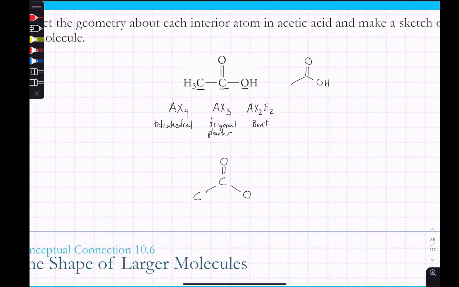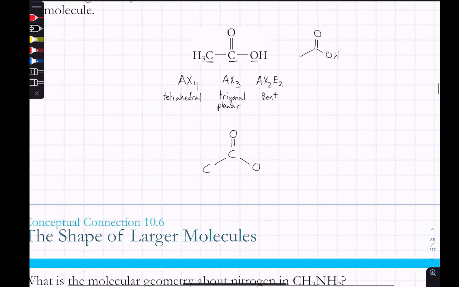Which one do you want to do? It doesn't really matter. We'll do the carbon first, the one on the far side. There's two ways this can go. We're going to have one hydrogen in the plane, and the other two hydrogens away from the plane, one in, one out. We want about 109.5 degrees, and that's a big ish.